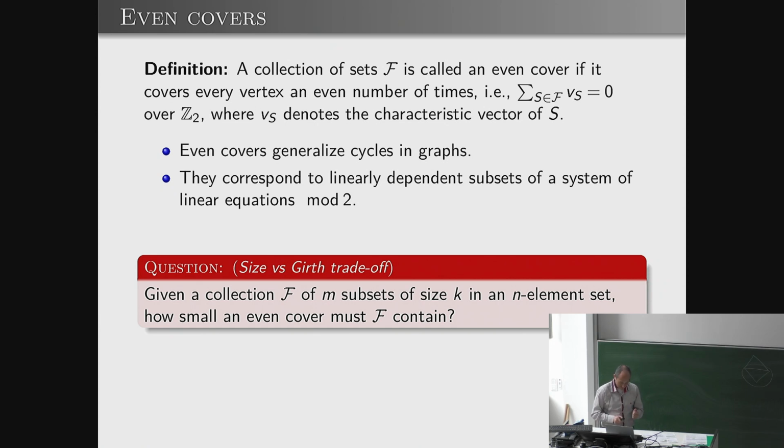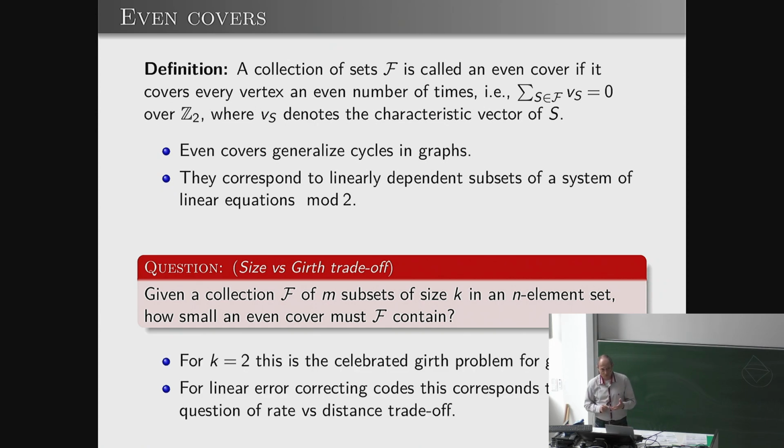Now, this is a very central question also in graph theory because, for example, even in the case that the sets are of size 2, it's a very famous question: if I give you a graph and I tell you the number of edges, what is the shortest cycle you can find? It's called the Gauss problem. It's a very old question. Another important question is in coding theory. You can think about these sets of size k as binary vectors with precisely k ones.